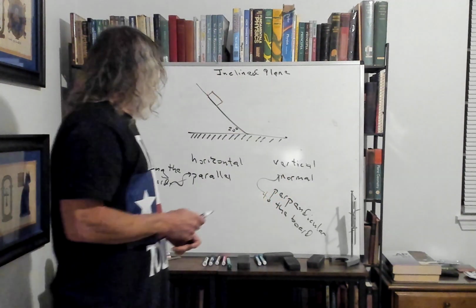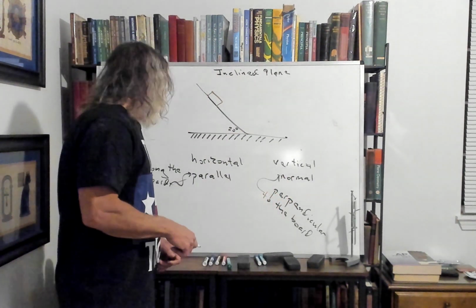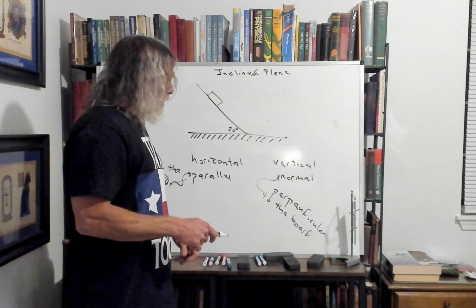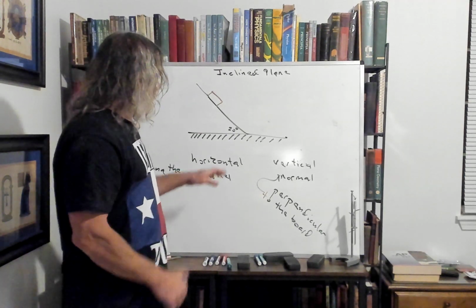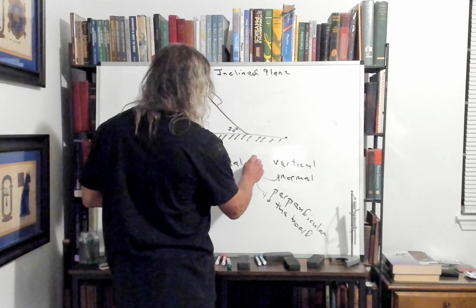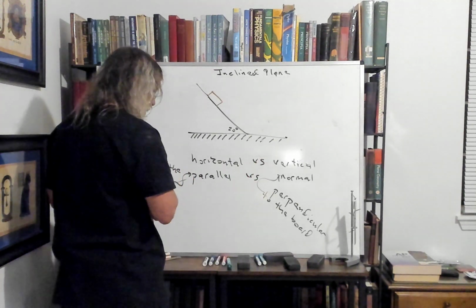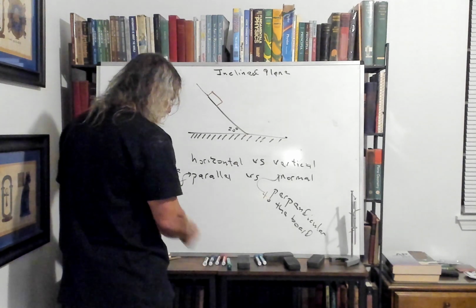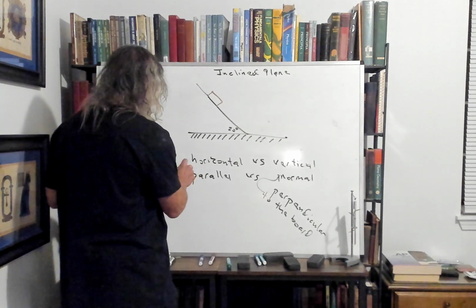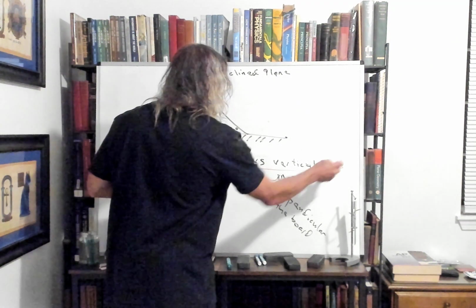Parallel to the board, normal to the board. In the same direction, perpendicular. So we did two things. We did horizontal versus vertical, and now we want to do parallel versus normal.